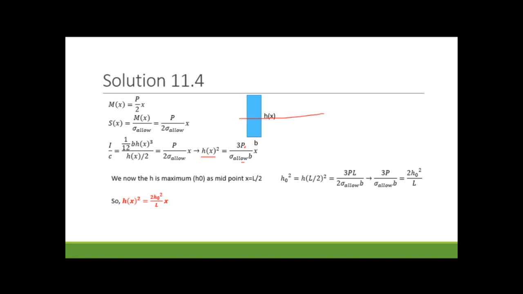We know h is at its maximum, h0, at the midpoint L over 2. If I put L over 2, it should be equal to h0.